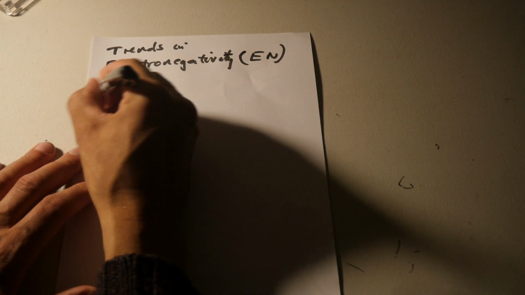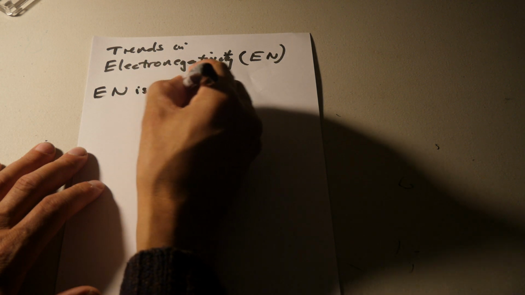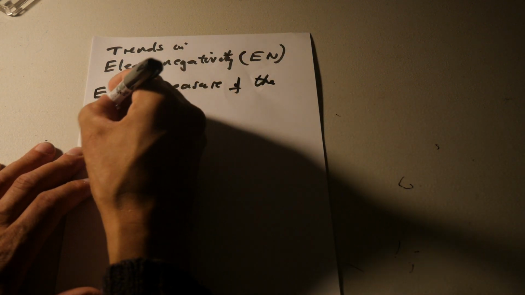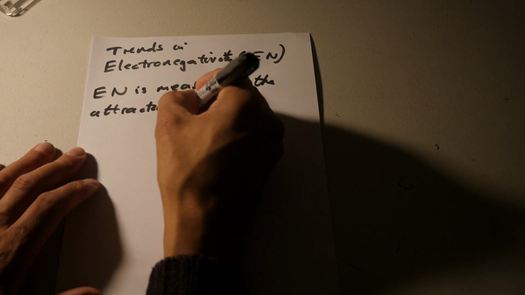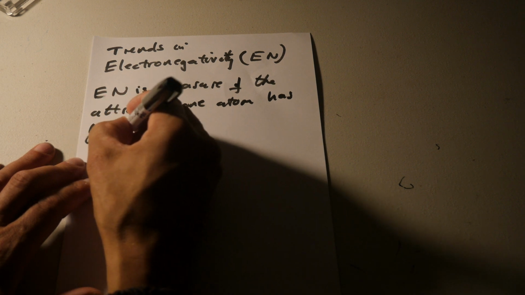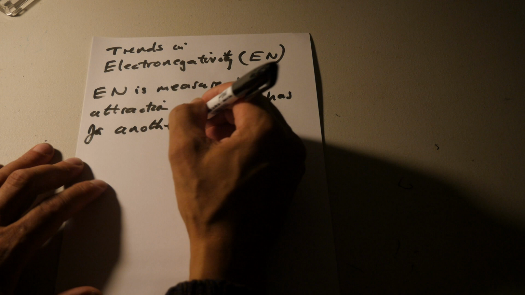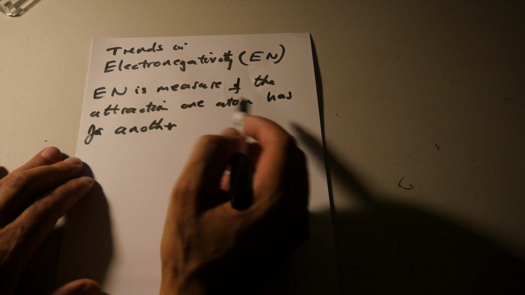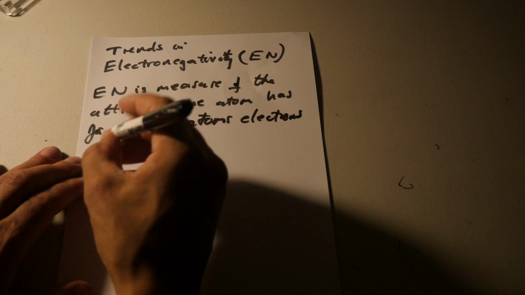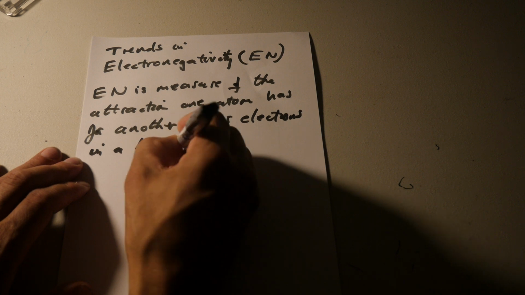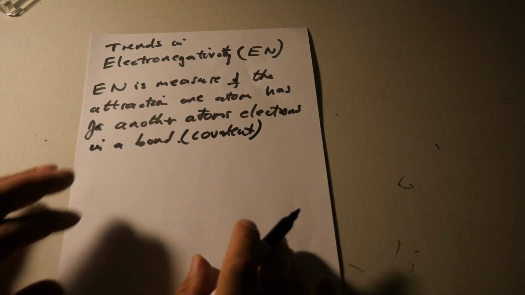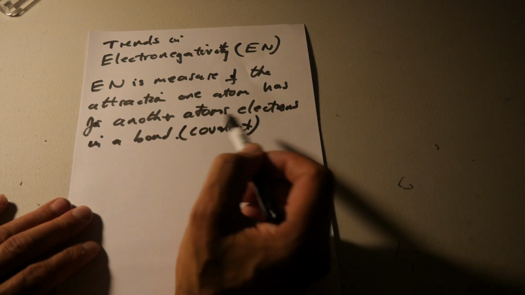Electronegativity is a measure of the attraction one atom has for another atom's electrons in a bond, normally a covalent bond.